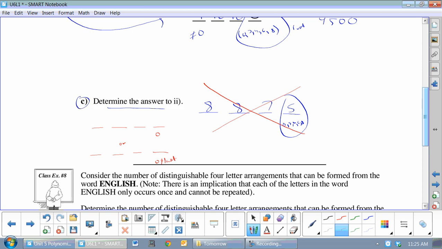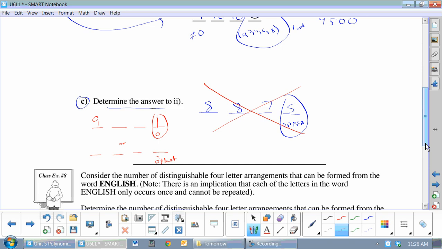Okay, so the last digit has to be a 0. How many choices do I have for the first? 9. See, 0's taken out, right? So I have 9. Now, why did I have 8 before? Well, if it's 2 at the end, how many choices do I have for the very first one?